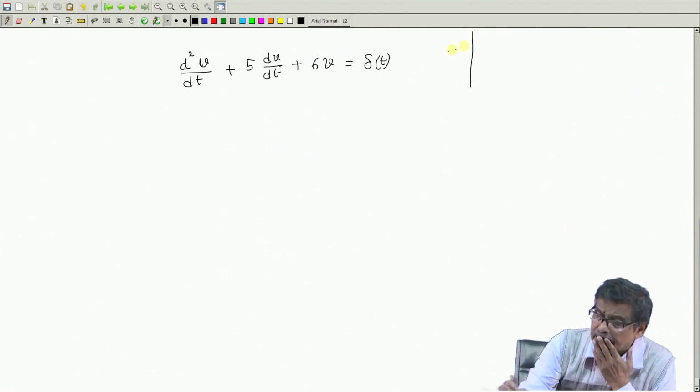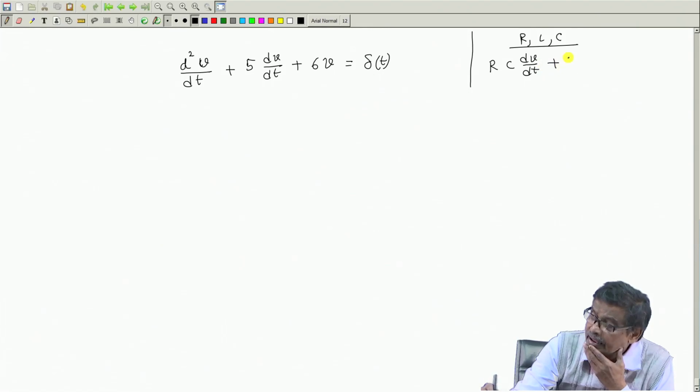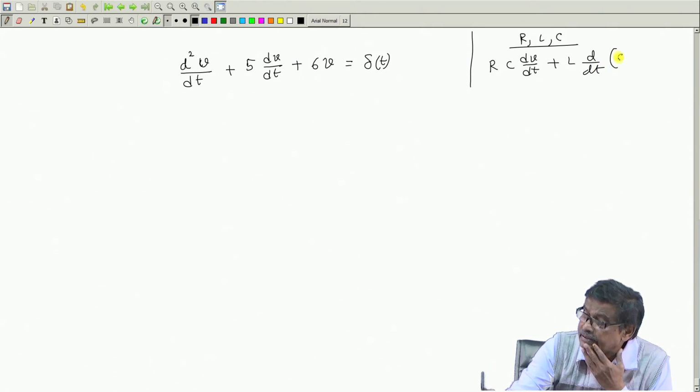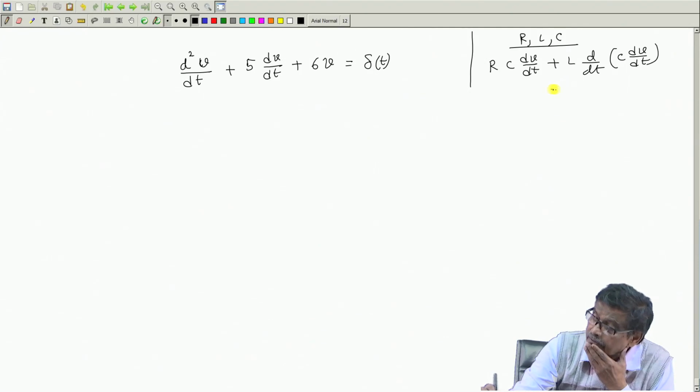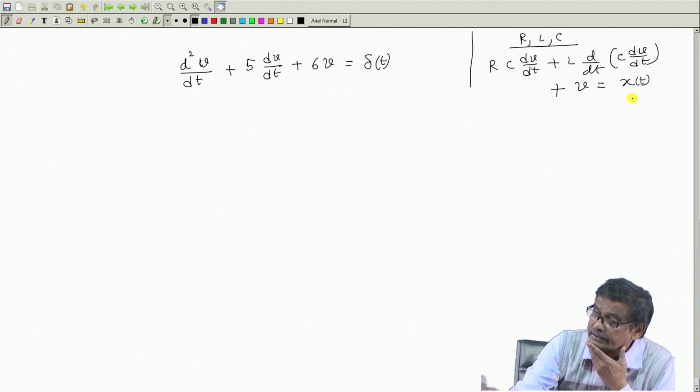Recall that in an RLC series circuit, the differential equation will be Ri plus L d/dt of i, where i is C dV/dt, plus V, and that is the left hand side, and any excitation x(t).